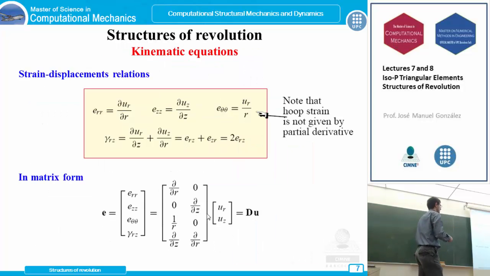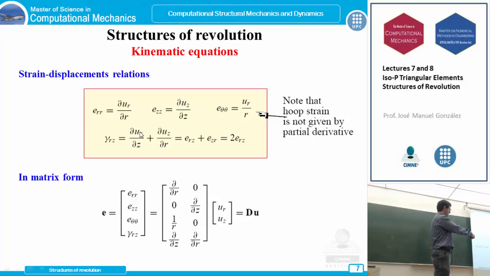And now we are going to the strain displacement relations. They are known, but we calculate them in the cylindrical coordinate system. This radial strain and this vertical strain are the partial derivatives of the displacement. The distortion again is the partial derivative of these 2 components with respect to the opposite.